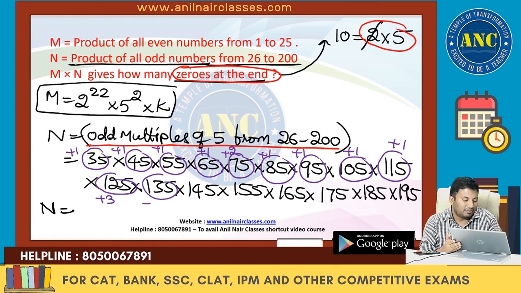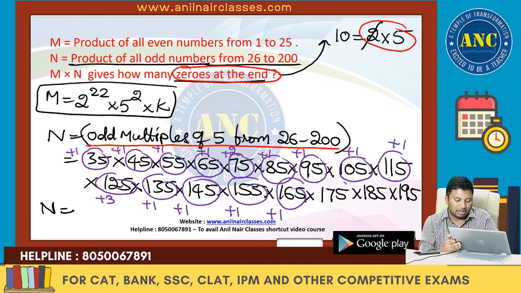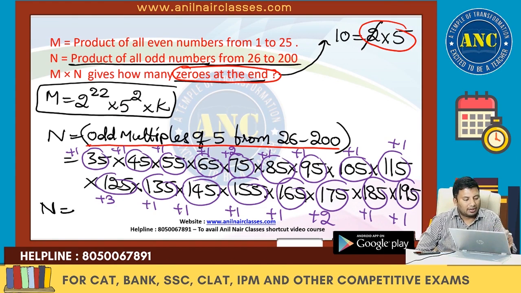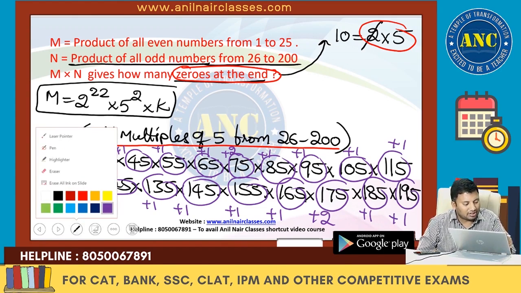This is 5 into 27 plus 1, 5 into 29, 5 into 31, 5 into 33, 25 into 7 plus 2, 5 into 37 plus 1, 5 into 39. These are all extra highest powers of 5 which we got.